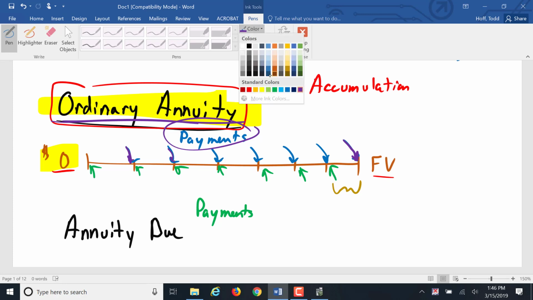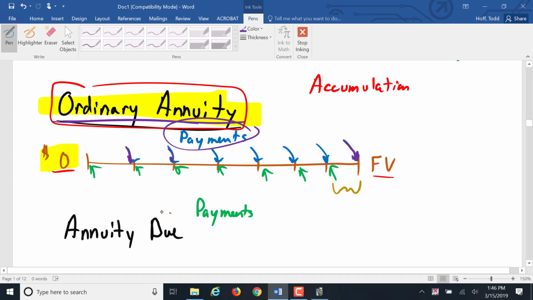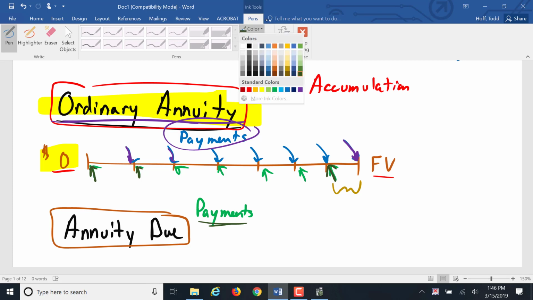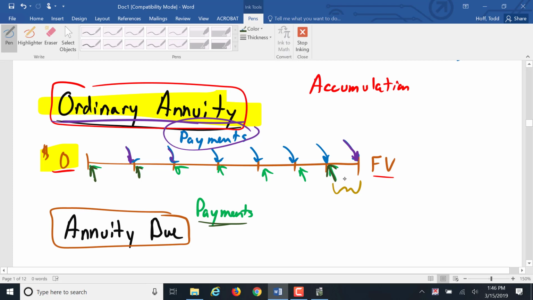There's another type called annuity due. In an annuity due, those payments get made at the beginning of each period. What that means is that the last payment is made and it sits there for a full period before the end of the annuity. So that gives us one period more interest.